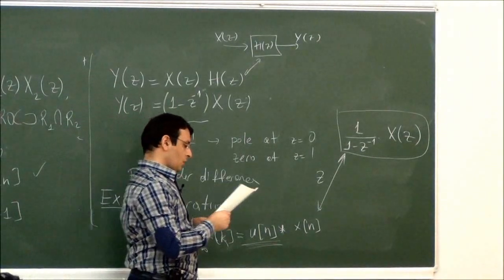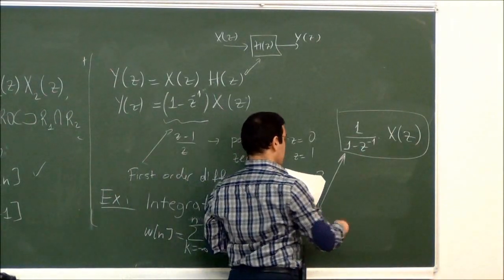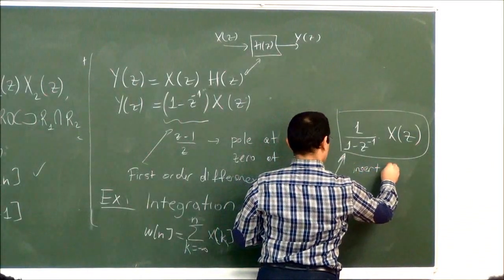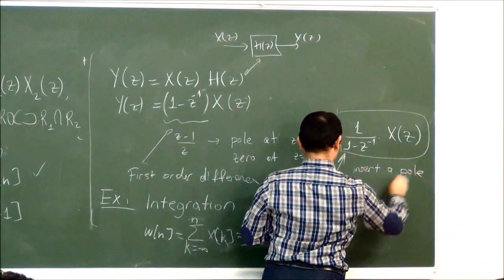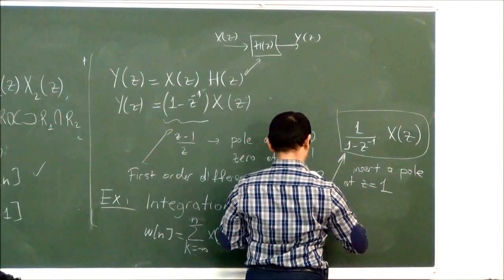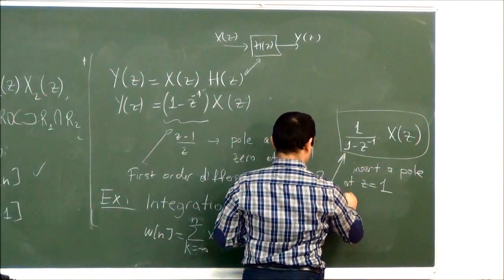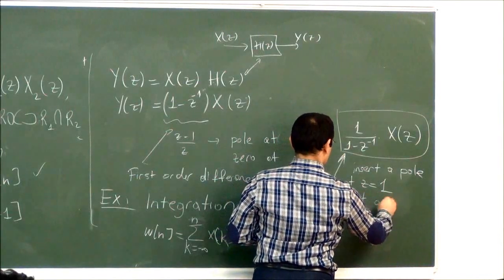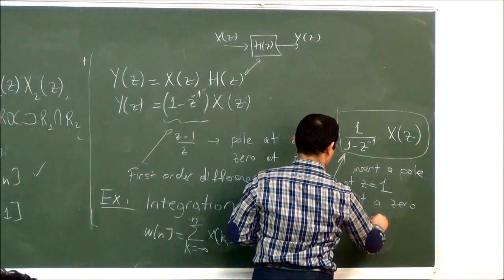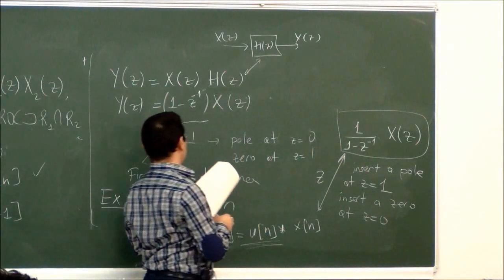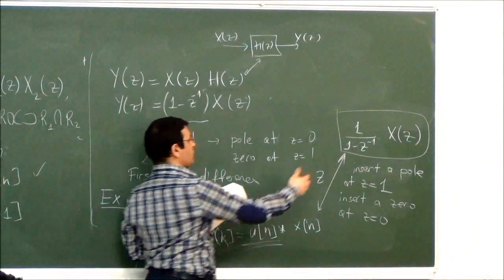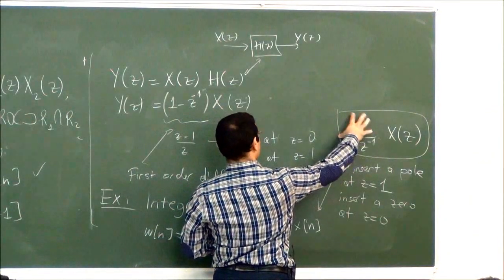As you see, you are inserting a pole at z equal to 1, and inserting a 0 at z equal to 0 by doing this operation. As you see, this is the differentiation and this is the integration system.